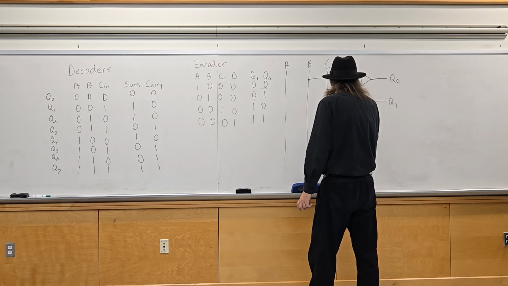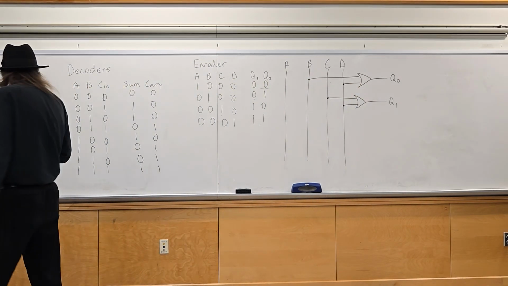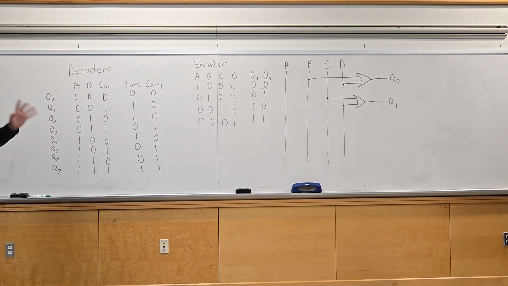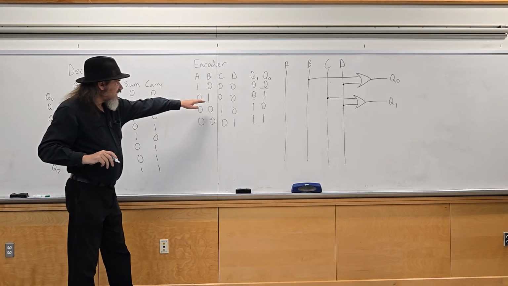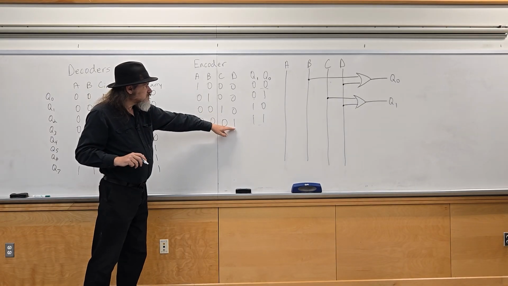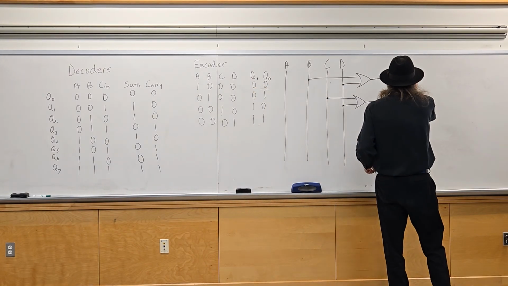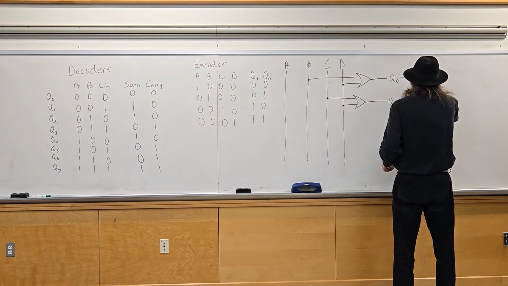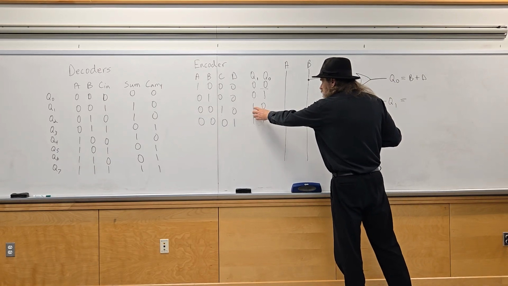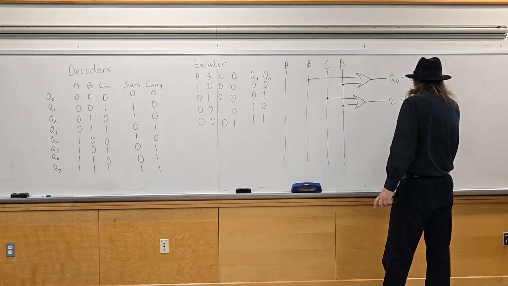Start from 0. Q0 is high when B is high or D is high. So it's B or D. Q1 is high when C is high or D is high. So it's C or D.